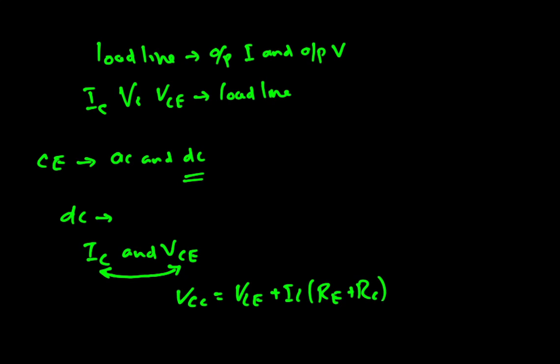Here VCC is a constant and RC plus RE is also a constant. So from here you can write VCE is equal to VCC minus IC into RC plus RE.